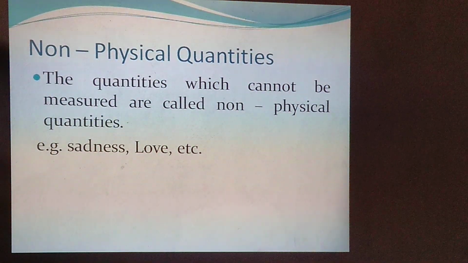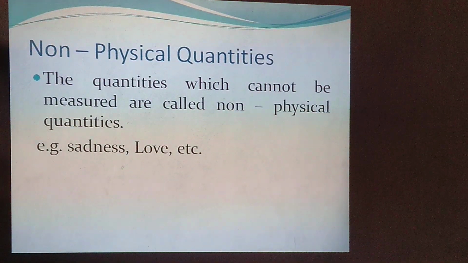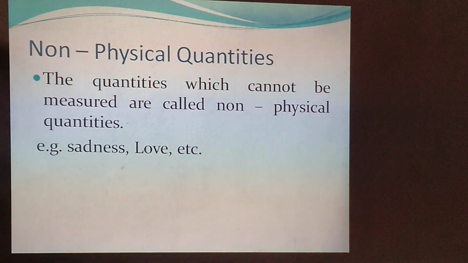So today, dear students, we have come to know what physical and non-physical quantities are. The quantities which can be measured are called physical quantities, and the quantities which cannot be measured are called non-physical quantities. And before that, we came to know the definition of measurement.